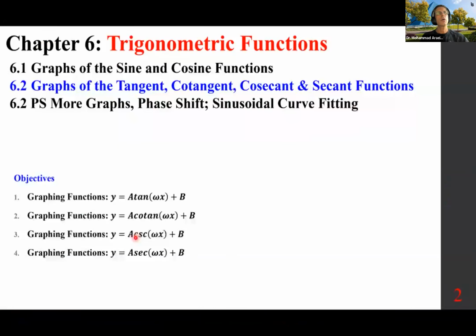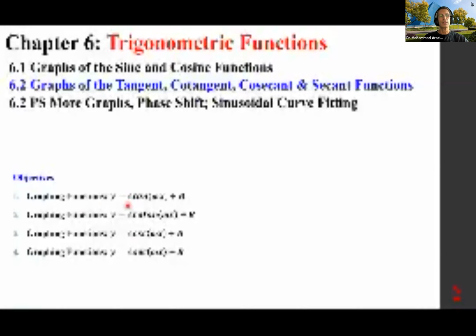We are going to look at graphs of the tangent, cotangent, cosecant, and secant functions. So we're going to look at y equals a tan omega x, a cotangent omega x, a cosecant omega x, and a secant omega x, and we're going to take it from there.